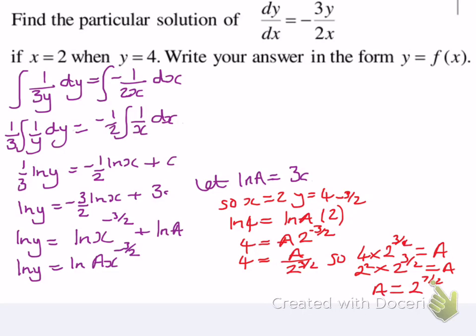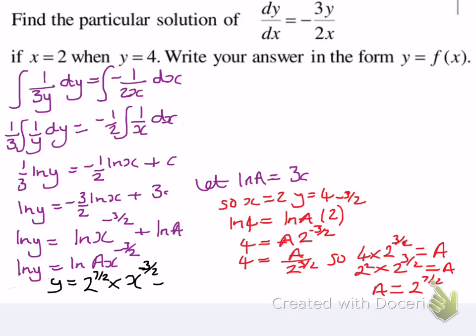Now going back, now I know what a is, I can say that y equals a, which is 2 to the 7 over 2, multiplied by x to the minus 3 over 2.